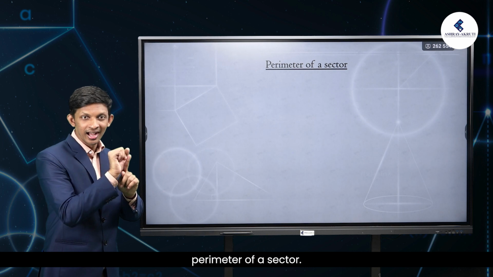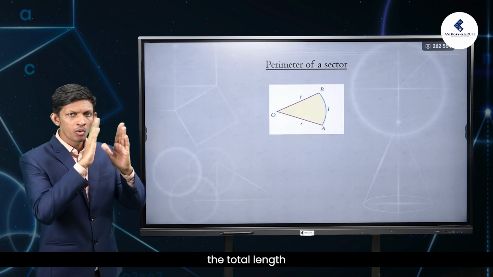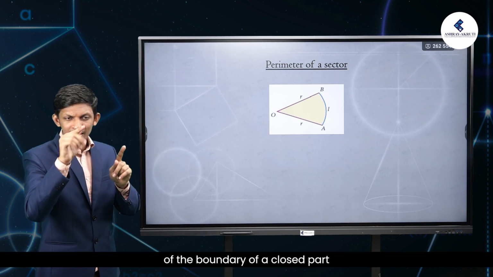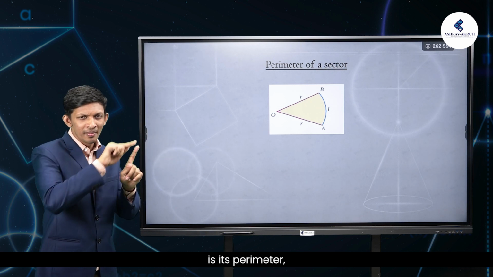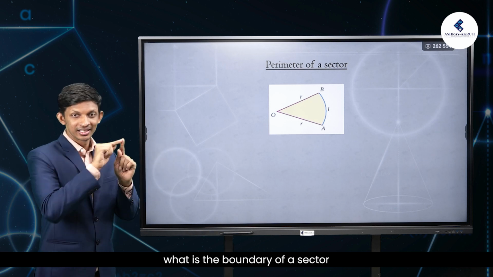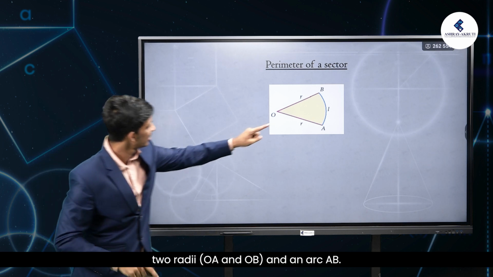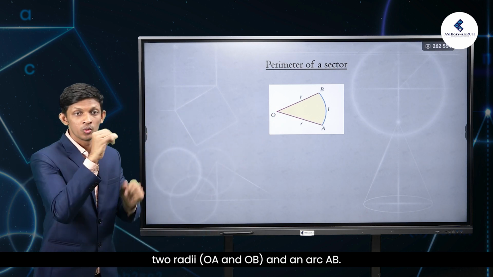Perimeter of a sector. We already know that the total length of the boundary of a closed part is its perimeter, isn't it? What is the boundary of a sector? Two radii OA and OB and an arc AB.